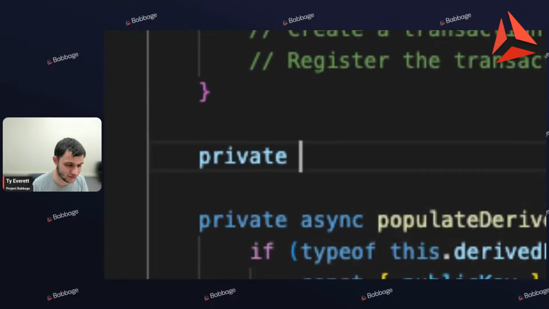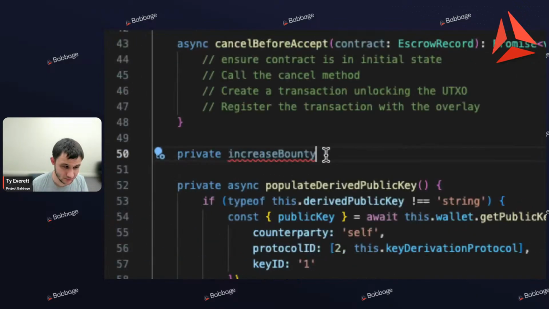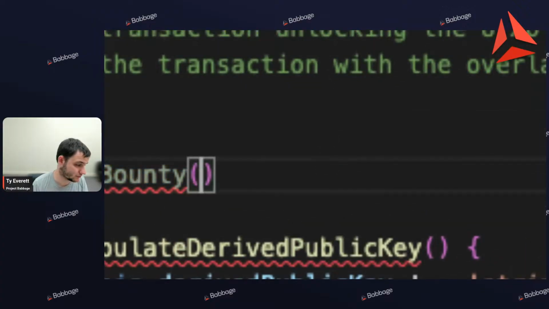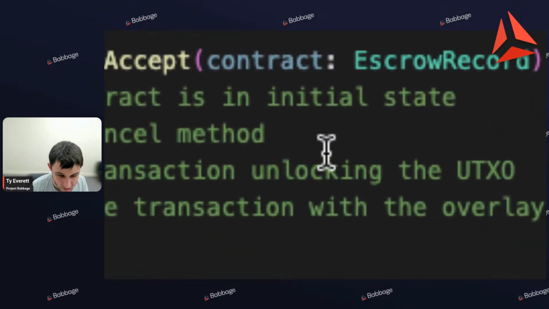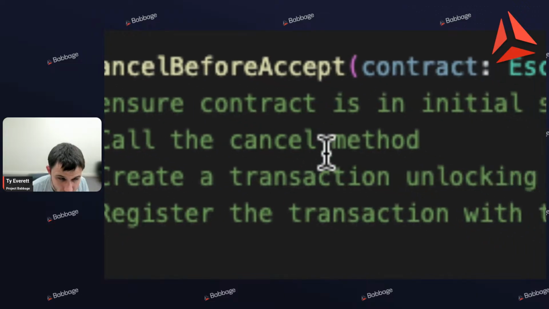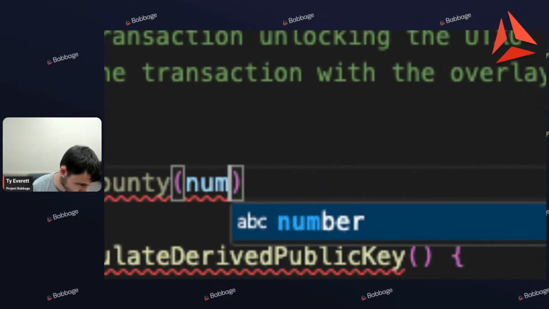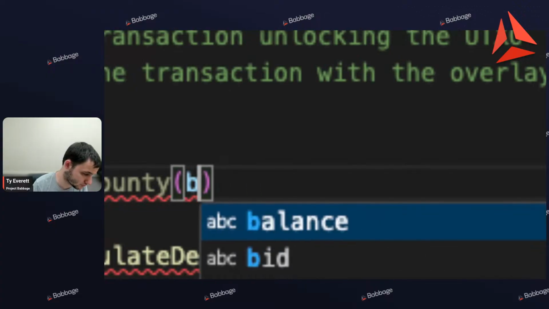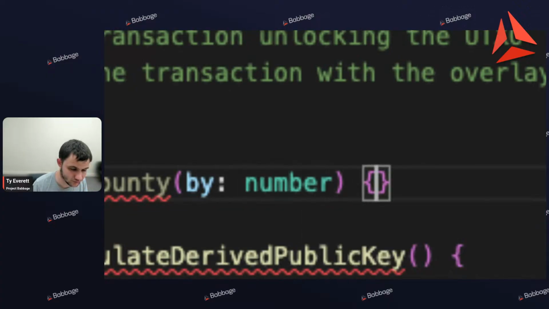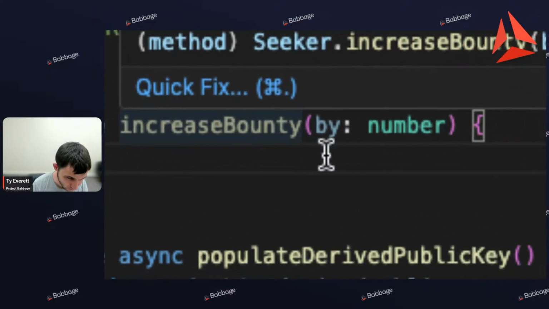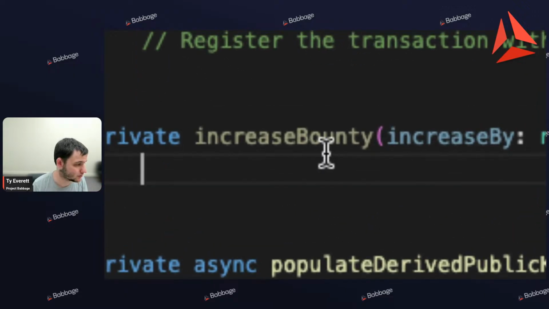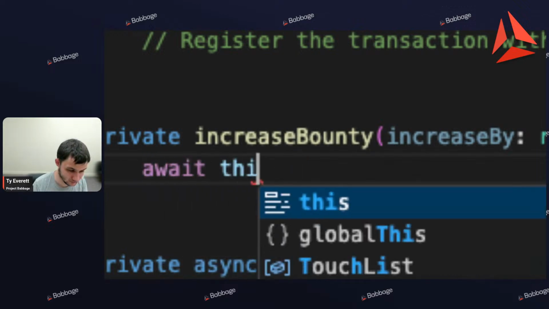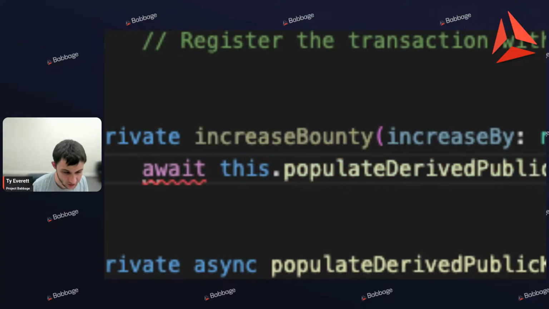How do I increase? Do I need that? I don't know if I need that.